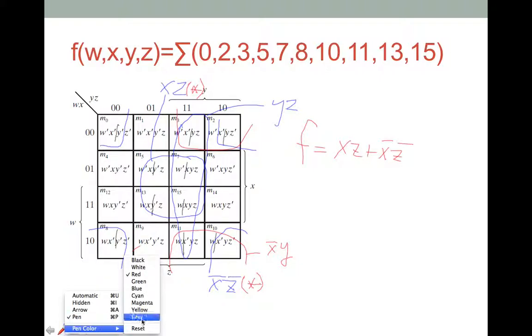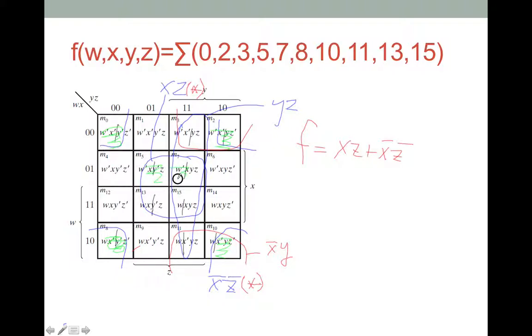Let me change color to green. So with these essential prime implicants, we have covered this cell and this cell, the four corners. So this one and this one are covered by this essential prime implicant, and these minterm cells are covered by another essential prime implicant.